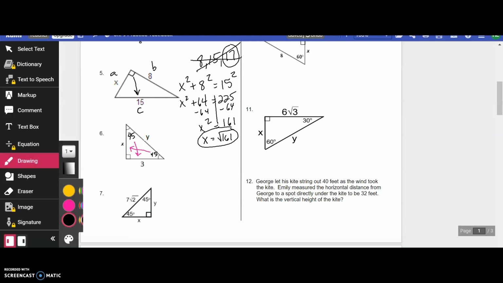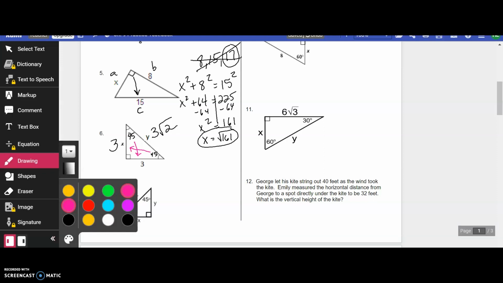So if that one is 3, then this one is 3. And then the hypotenuse is also 3, but obviously the hypotenuse needs to be the longest, and there are 2 45s, so I do square root 2. That's how I remember.